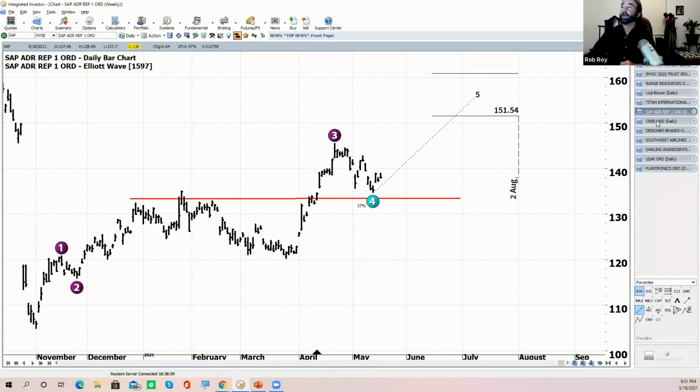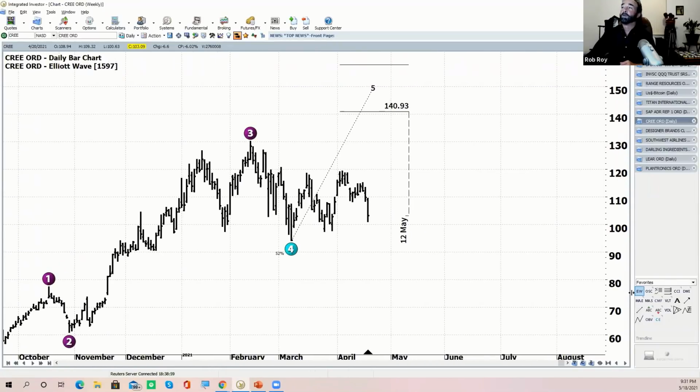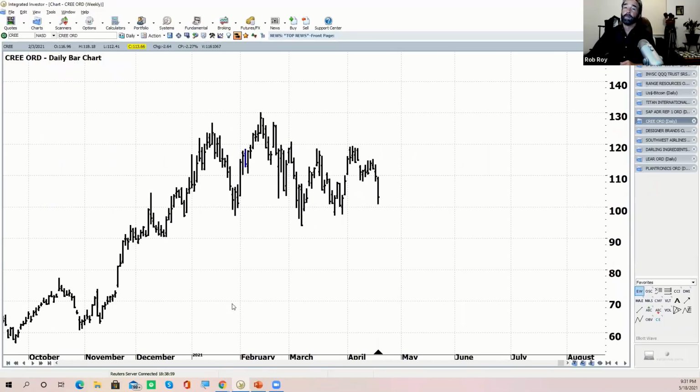And then we looked at a strangle on CRE back on 4/20. So here's where we were. Usually when I look at the strangles, I just take a look at the patterns and take the Elliott wave off. You can see there was a little bit of a head fake to the upside, and the bigger move has been to the downside. We are holding support, and you can see why.